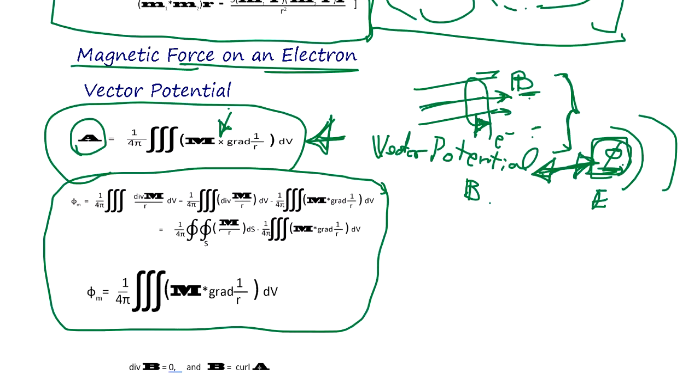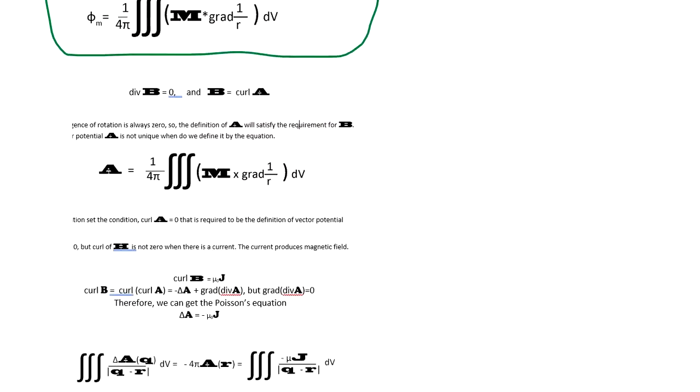So the result is a vector, and this is still potential, but the vector potential. Why do we need that? Well, let's use it. Divergence of B is 0, so B is curl A, and this you can prove is one of Maxwell's equations, and the curl B is curl curl A. You go through this manipulation, and we get Poisson's equation.